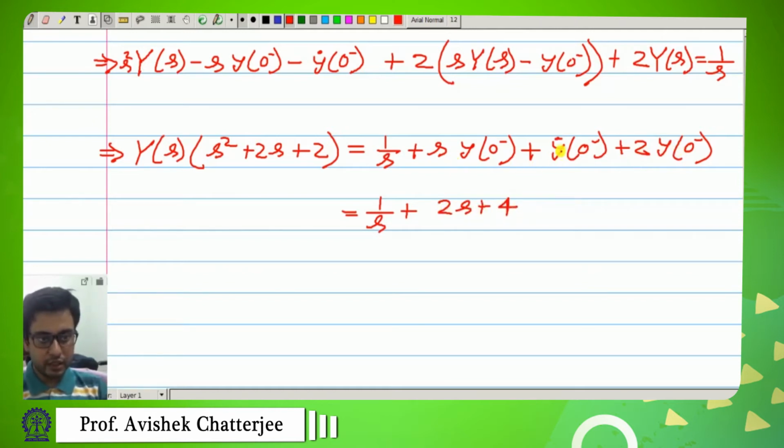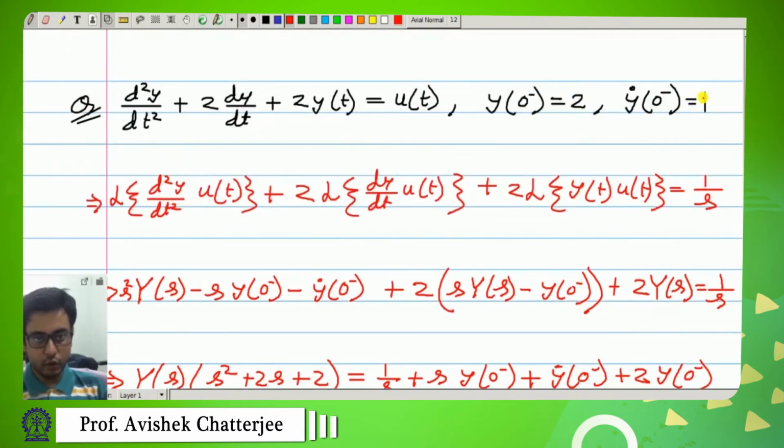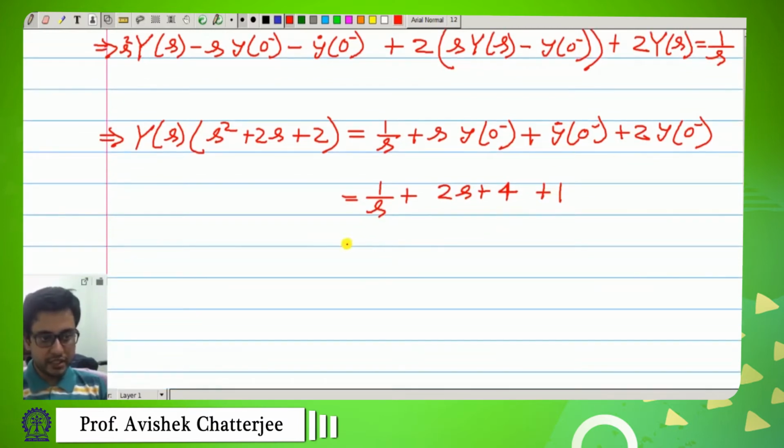Okay, and y dot 0 minus, this one is 1 plus 1, so that is equal to 2s square, then plus 4 plus 1 is 5, plus 1 divided by s.